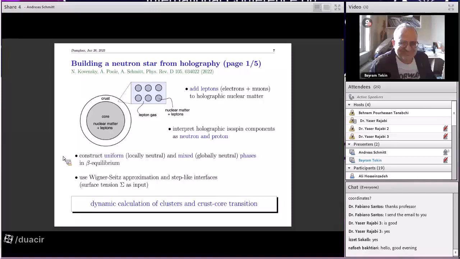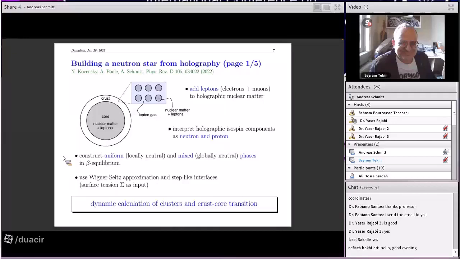Roughly speaking, the core is our homogeneous nuclear matter, supplemented by leptons, meaning electrons and muons, to balance the positive charge of the protons. And there's a crust, typically 1 or 2 kilometers thick in a neutron star, whereas the radius of the whole star is typically of the order of 10 kilometers. And the crust, if you wish, is almost like a solid state, as you know it from Earth, at least in terms of the structure.